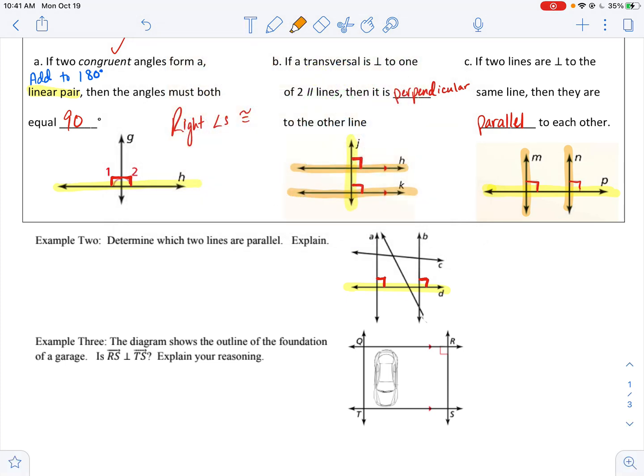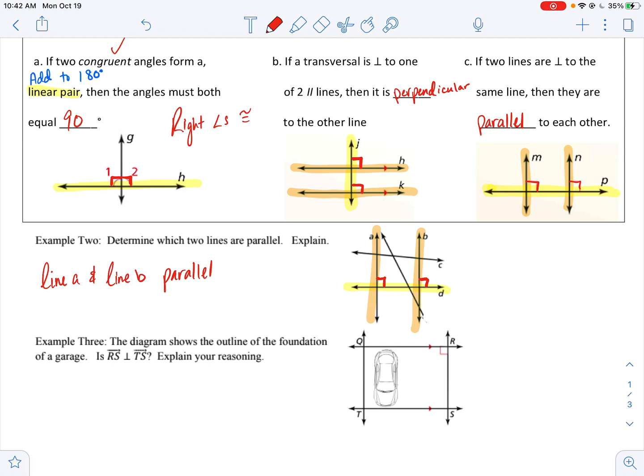Well, if two lines are perpendicular to the same line, then these lines must be parallel. So A and B must be parallel. I should really write that as line A and line B are parallel.